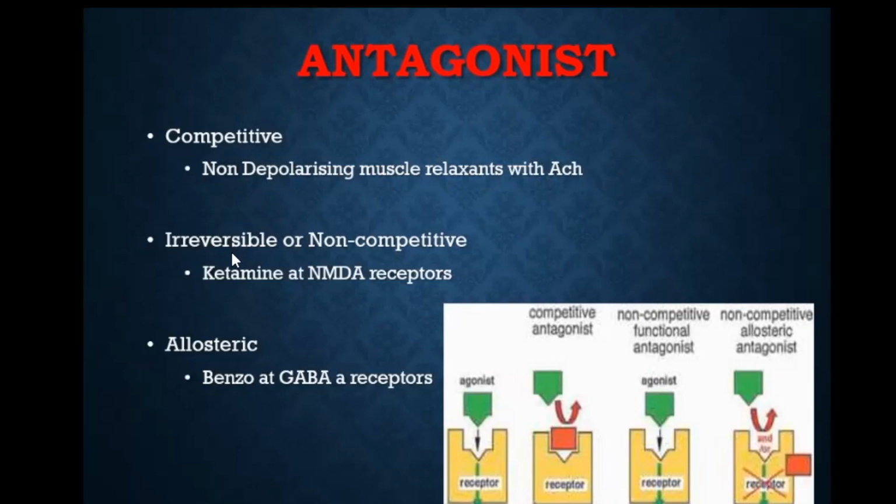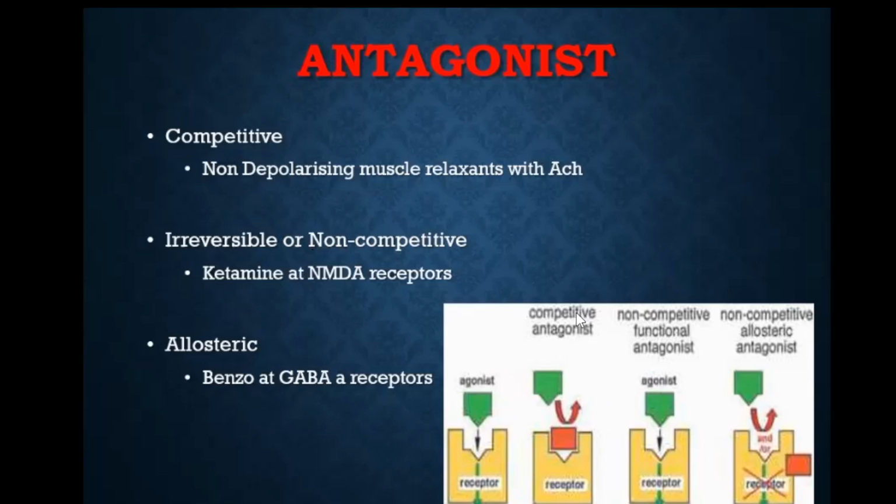Next, we have irreversible or non-competitive antagonism. Non-competitive means the antagonist binds to a different site, or it doesn't actually bind to the same receptor binding site. It doesn't compete with the agonist for the binding site, but it causes irreversible or non-competitive antagonism. Why is competitive called reversible?